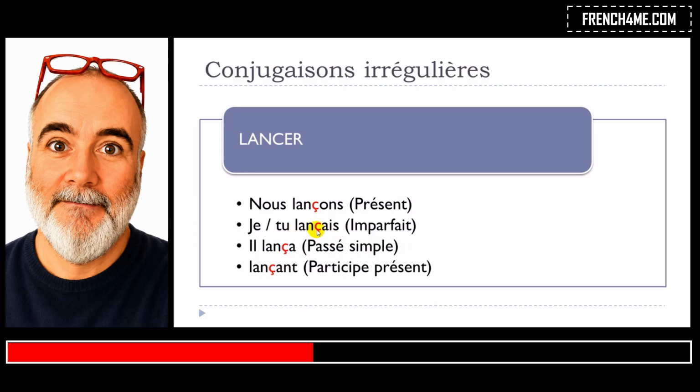Instead of just putting this c here, you will put this cédille and you will get je lançais, tu lançais. For the passé simple, it will be exactly the same thing. We only need to put this cédille and we'll get il lança. And then participe présent, exactly the same modification. Just put this cédille to get the s sound: lançant.